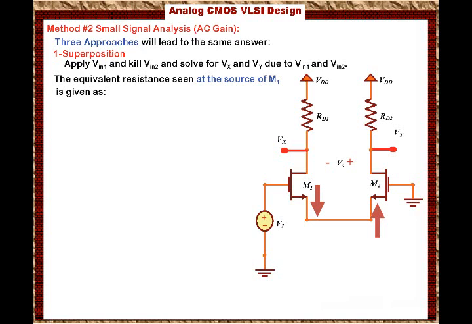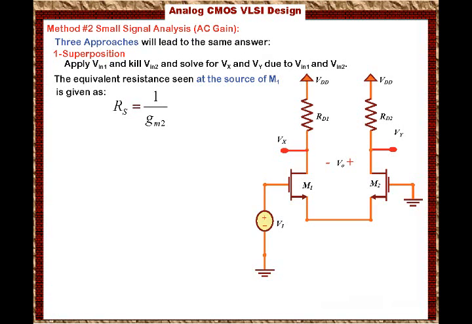And we know from previous lectures that when we look into the source of a transistor, we see 1 over Gm. The source resistance looking into M2, which is looking out of M1, is Rs, and that will equal 1 over Gm2. Then the equivalent circuit becomes easier.